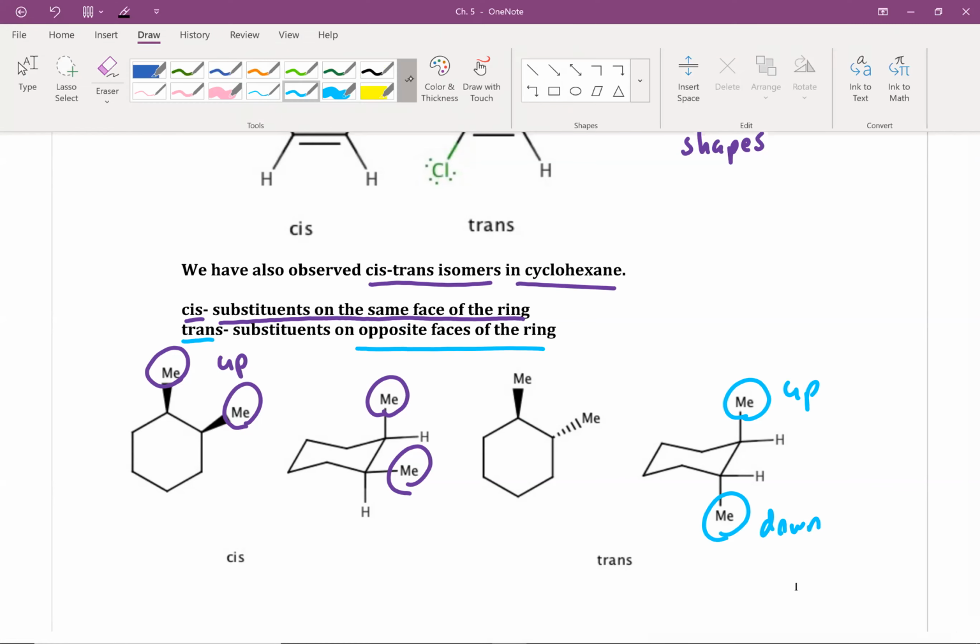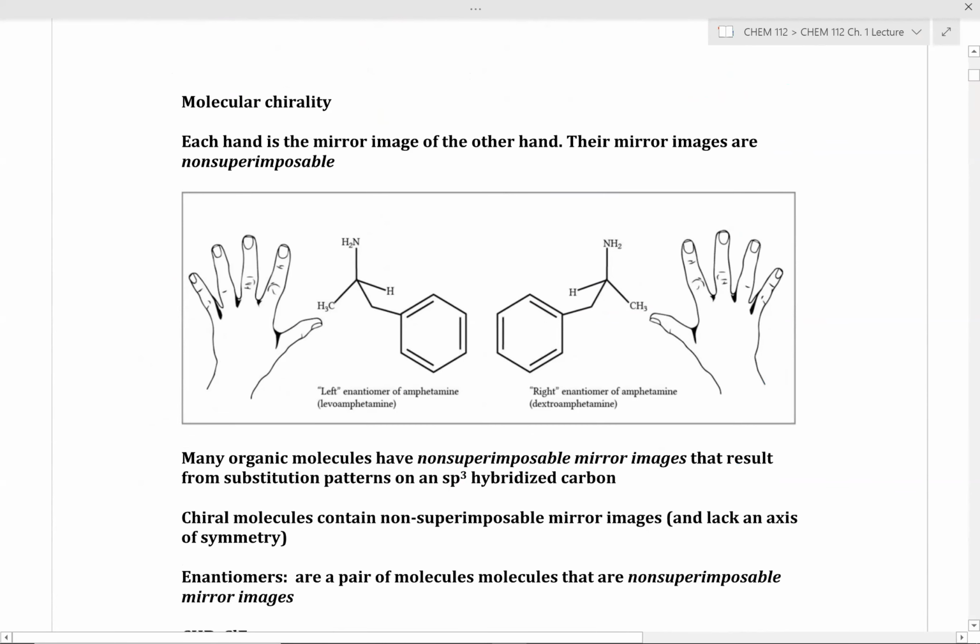So let's think a little bit about chirality. And when you want to think about chiral molecules, chiral is based on this idea of handedness, where you have two species, two molecules that are non-superimposable mirror images. No matter how hard you try, no matter how much you rotate, you will never be able to perfectly superimpose the mirror images.